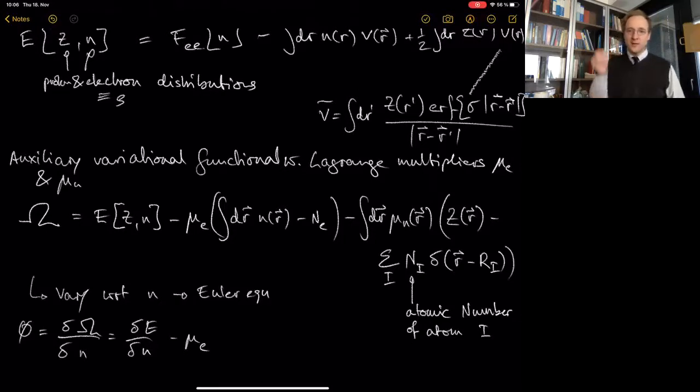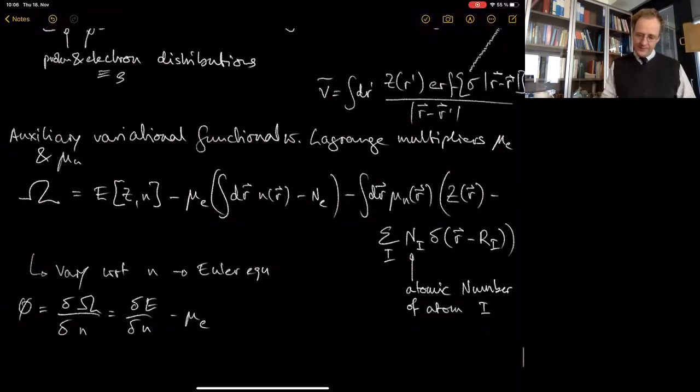So you differentiate that bracket with respect to n, then you get a 1 for the integral over the electron density, and the number of electrons is just a constant, so it doesn't contribute. So only μe survives, and the third term does not depend on the electron distribution, right?